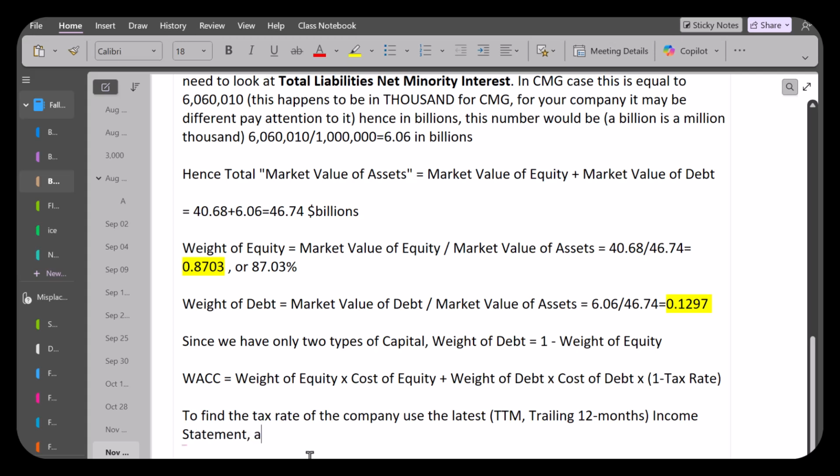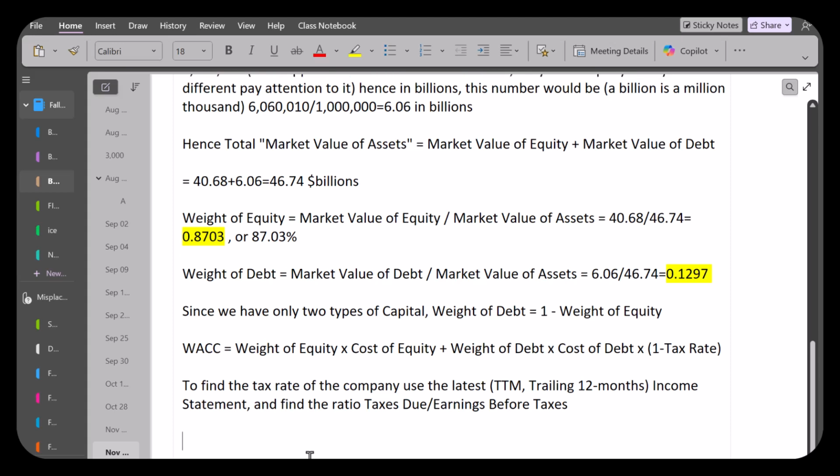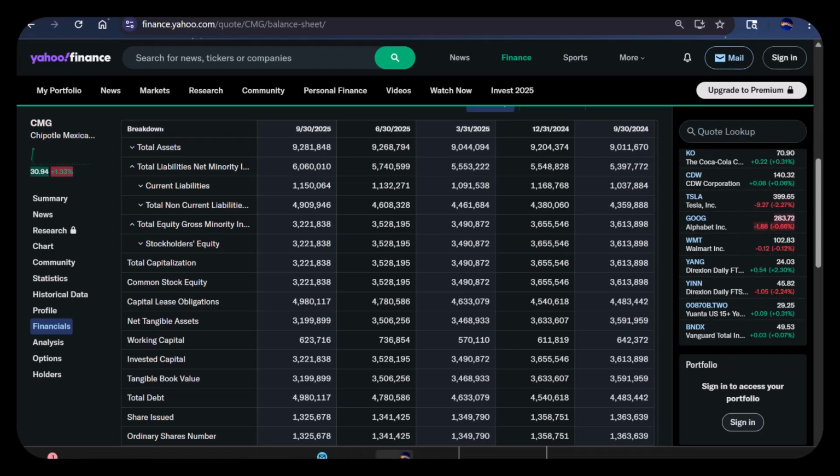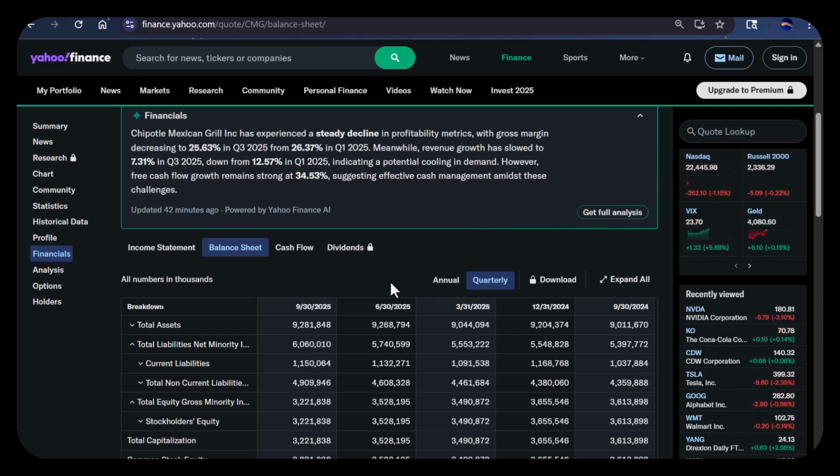and find the ratio of taxes due plus earnings before taxes. Again, doing it for PMG or CMG, we're going to do income statement.